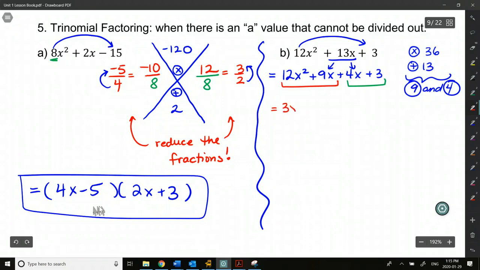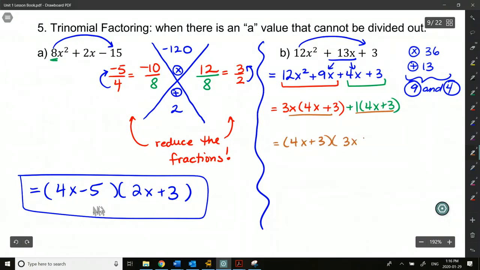So in the first group, we take out a 3x. We're left with 4x plus 3. Second group, we can't really take anything out other than a positive 1. And then we're left with 4x plus 3. And then you're going to remove the common bracket between these two, which is 4x plus 3. And you will be left with 3x plus 1.